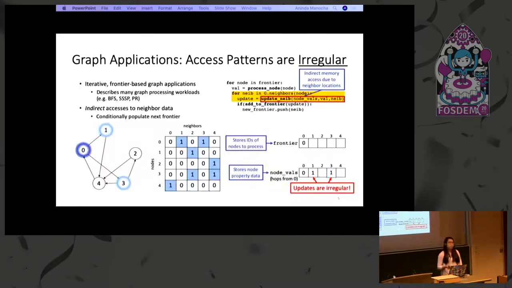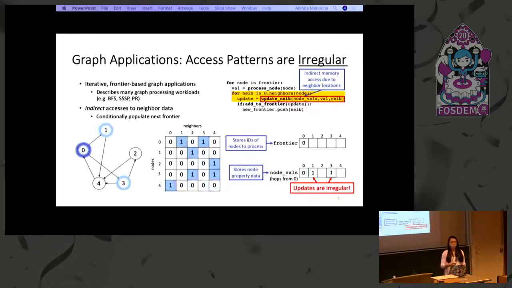In the case of breadth first search, we do a load to the node vals array in order to determine if the node has been visited. And if it has not been visited, then we need to store the number of hops away that node is from our given source node. Because these updates depend on the location of these neighbors, these updates need an indirect memory access. And this leads to, as you can see in this flat array, irregular accesses within this array.